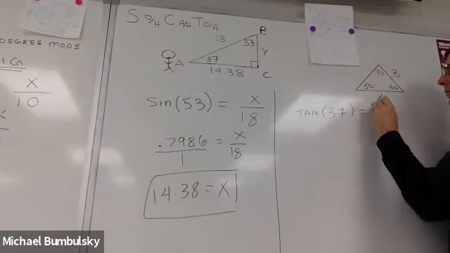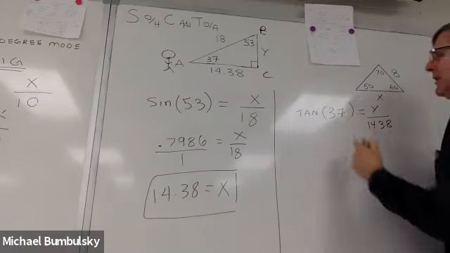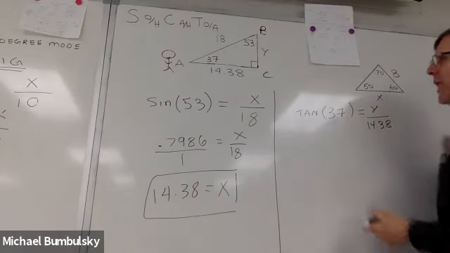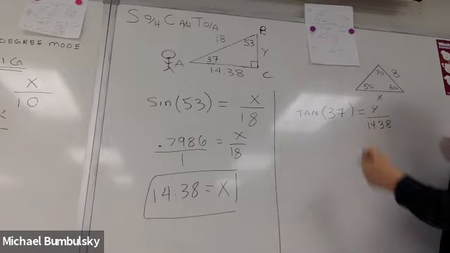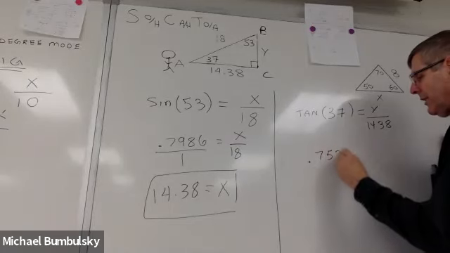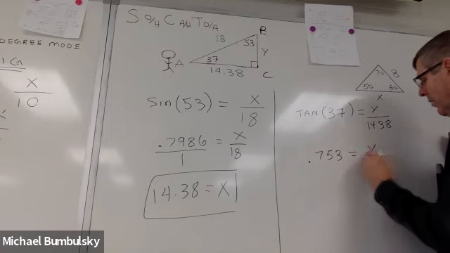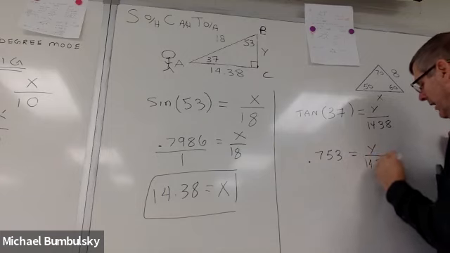Y over 14.38. Good. And what's the tangent of 37 in your calculator? 0.753. 0.753 is equal to y over 14.38.